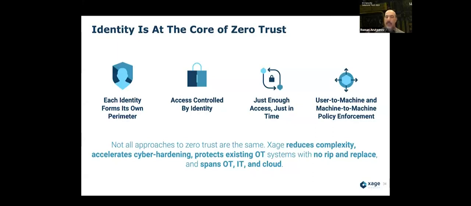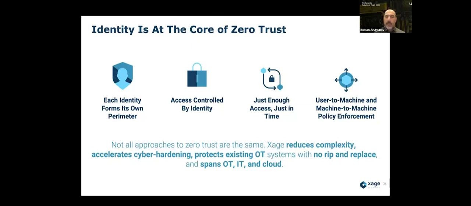You can extend that concept even further to create a concept of a data identity and control access as to where that data can go and what type of applications and devices can consume that data.